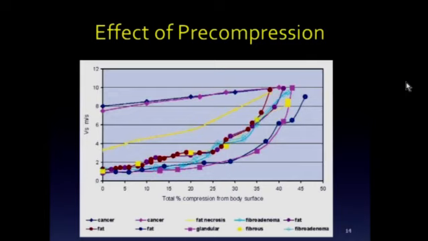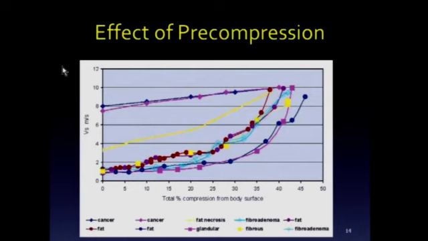These are the results of pre-compression that we did using various breast lesions, and you can see that as we push with the probe, lesions become stiffer, and they become stiffer at different rates. So if you're doing a strain ratio, especially if you're using fat, because it will increase its stiffness values faster than cancers or other benign lesions, the ratio will change.